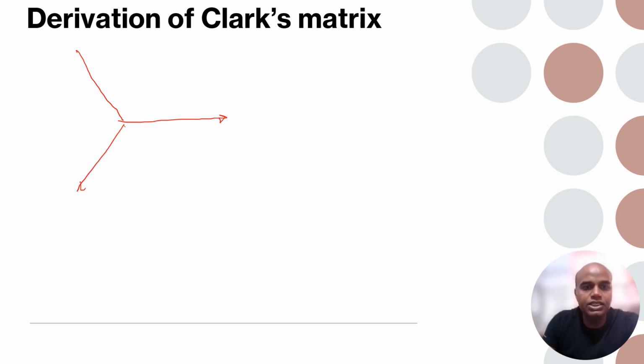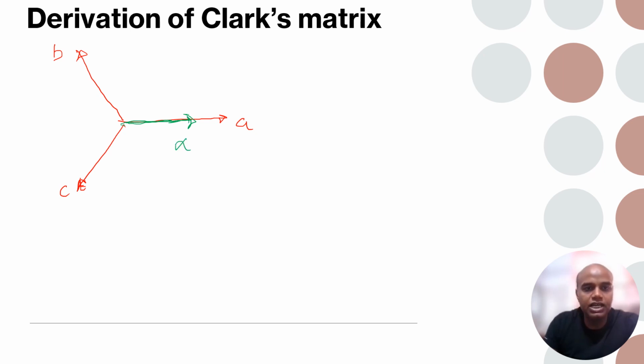Instead of only current, I'm taking these as phase values A, B and C. As we know, alpha is in phase with my A phase, so let me draw alpha over here.